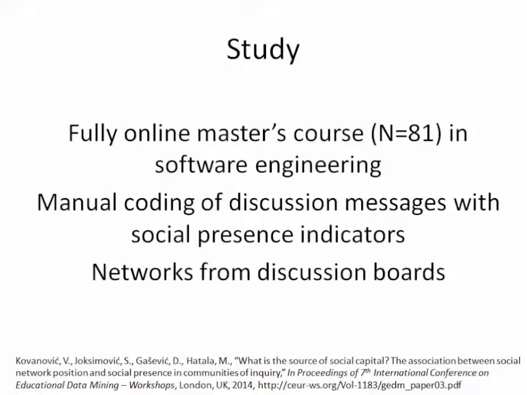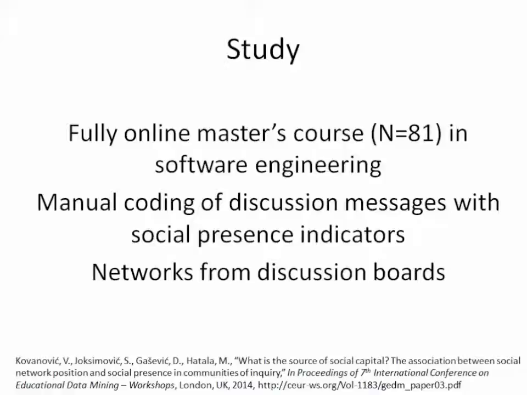There was a recent study that was published in which the authors collected data from an online master's course in software engineering, in which they first coded the online discussion messages of students by the indicators of social presence.